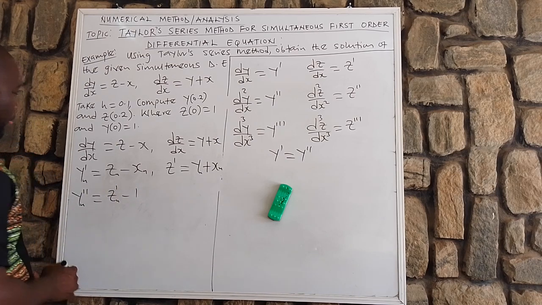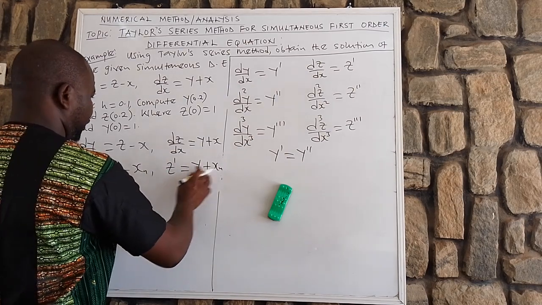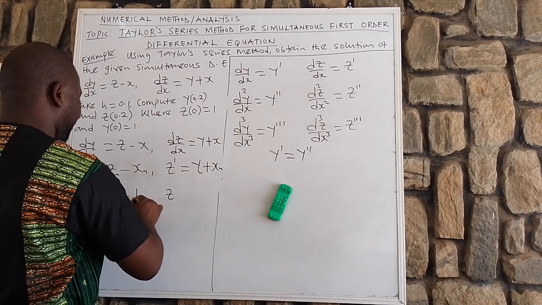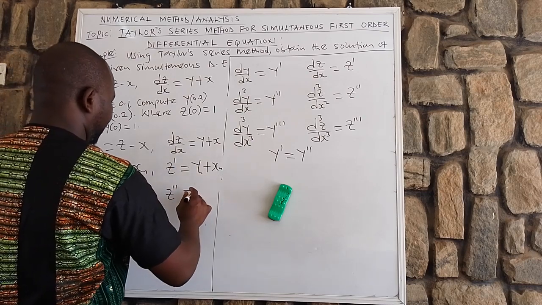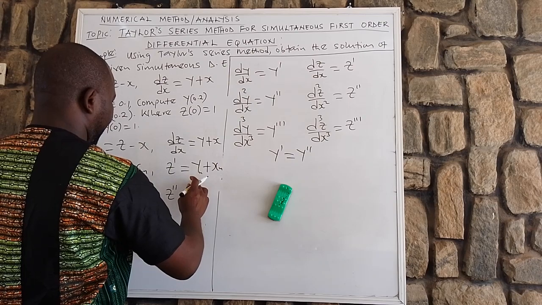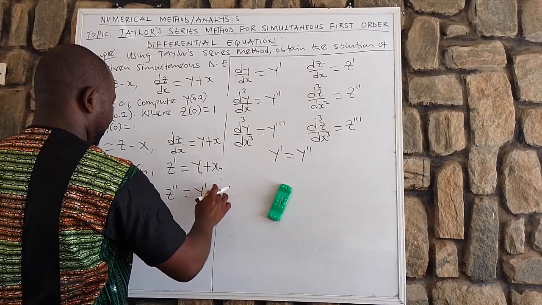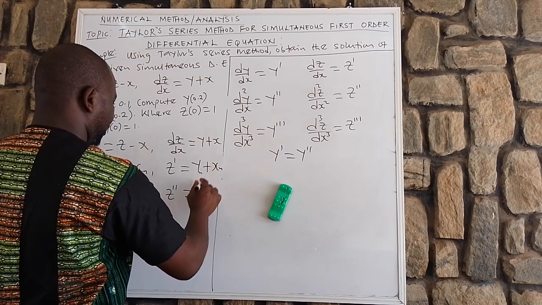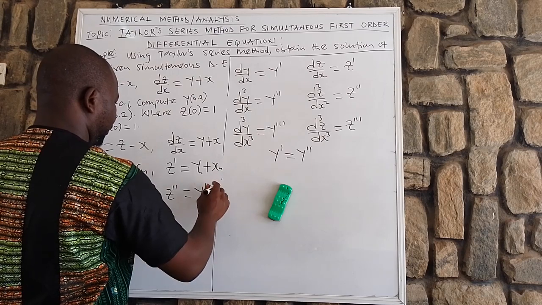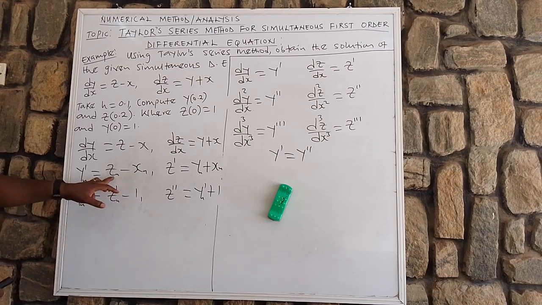Then z prime differentiates to z double prime. Then we differentiate y, we have y prime, plus if we differentiate x, it gives us 1, isn't it?